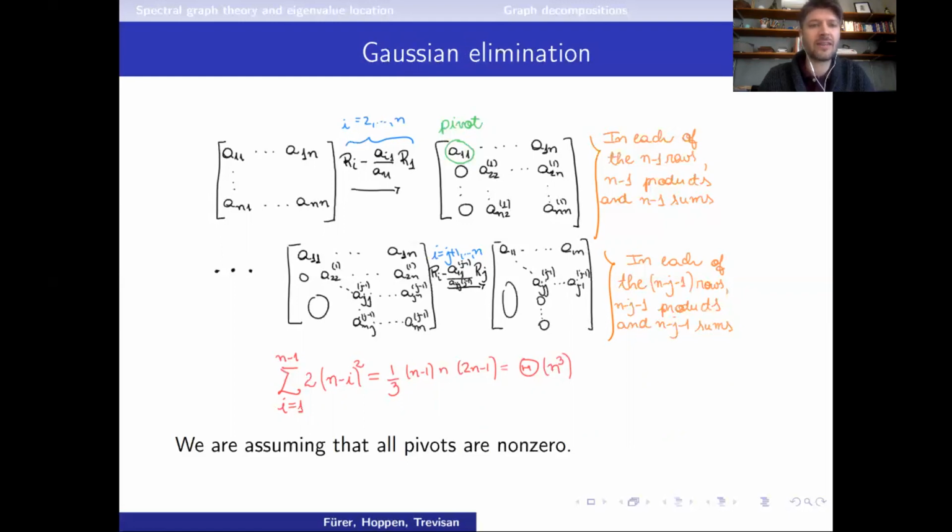To do that, we use diagonal elements to cancel out the other elements in its column, doing elementary row operations. So in this case, for instance, if A11 is non-zero, we can use the first row to eliminate all the other rows. If we do that, the number of operations will be of cubic order if we have an n by n matrix. And here in this slide, I'm assuming that all pivots are non-zero, and you see why.